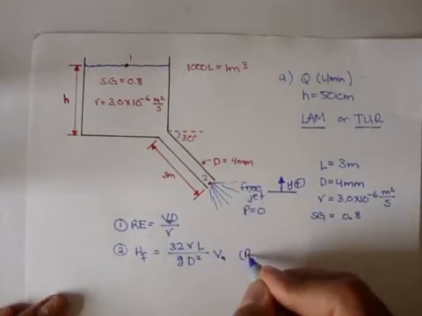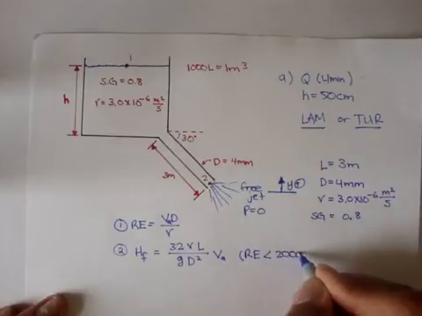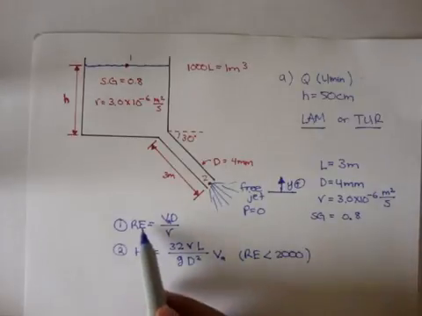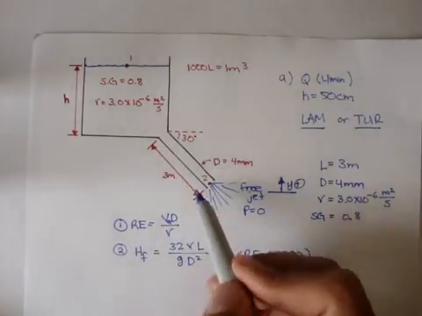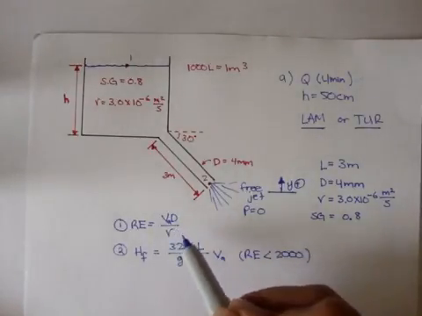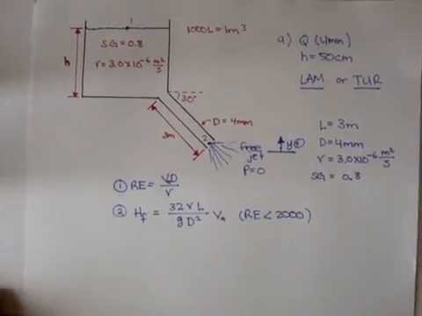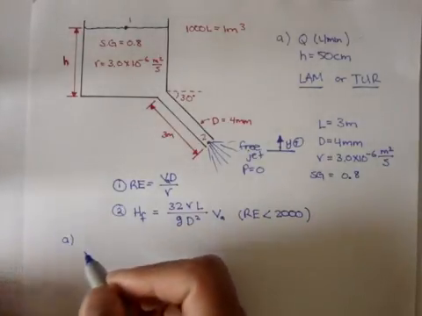And this is for Reynolds numbers that are less than 2,000, meaning this is laminar. So we assume it's laminar, and if we find out that the Reynolds number is less than 2,000, our assumption was right. If we find out that it's over 2,000, it's turbulent, and our assumption was wrong. Okay? So let's just begin with the equations we do know, I'll do part A in this video.